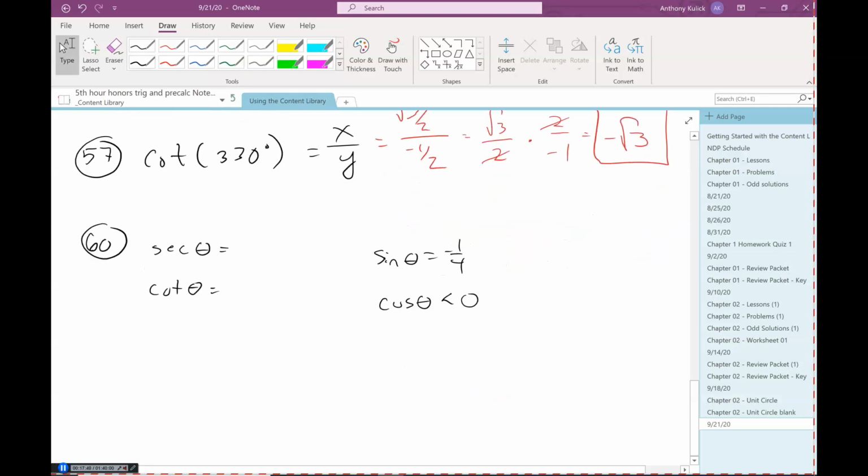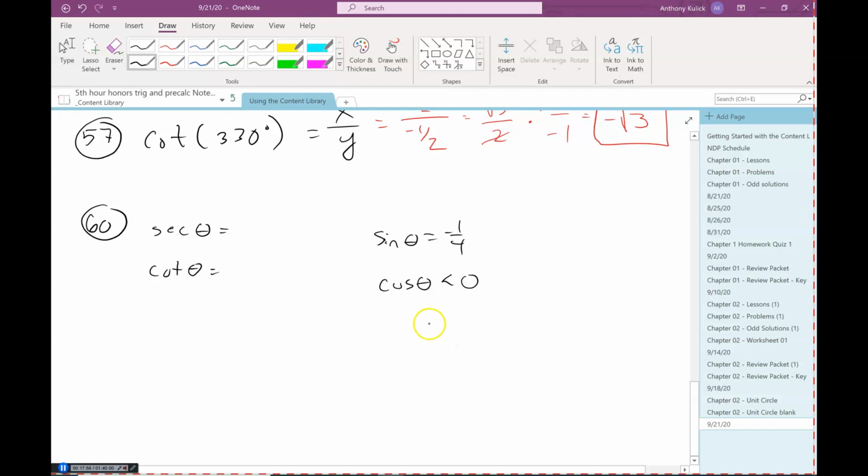So I'm going to start by drawing a picture to try to figure out what quadrant this angle theta is located in. So I know that sine is related to the y-coordinate and cosine is related to the x-coordinate.